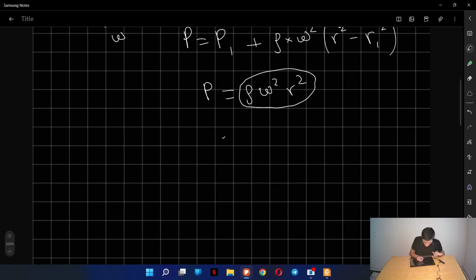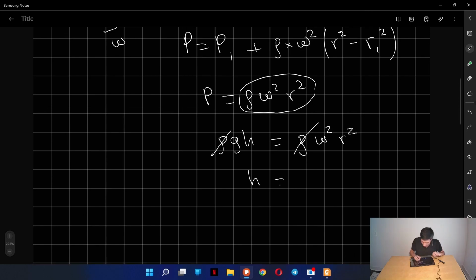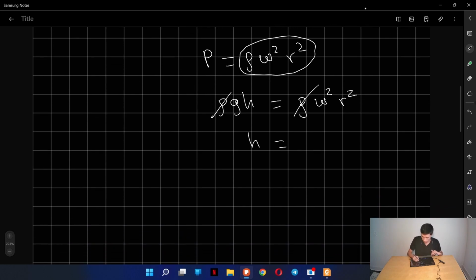So I'm going to write that equation, what I just said. Our pressure determined from height should be equal to our pressure determined from the radius. Now we can see that the densities are going to cancel each other out, and the equation we're going to have for height is the angular frequency squared times radius squared over g.